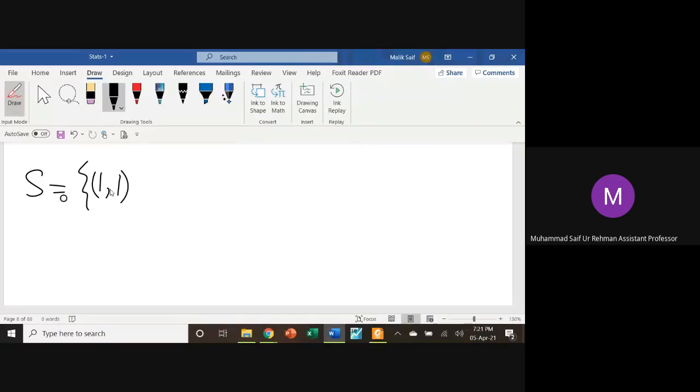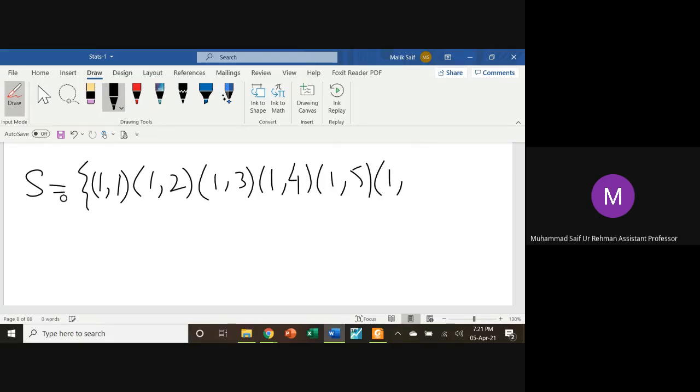It means on one roll there was one dot face up, and on the second roll there was one dot face up again. Similarly, it is quite possible that on the second roll there was two dots face up, 1 3, 1 4, 1 5, 1 6. So 1 6 means on the first roll there was one dot face up, and on the second roll there were six dots face up.